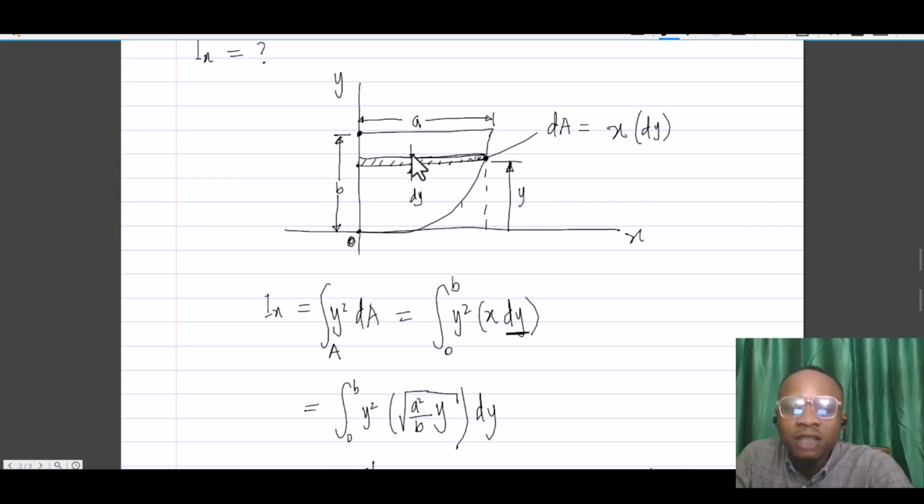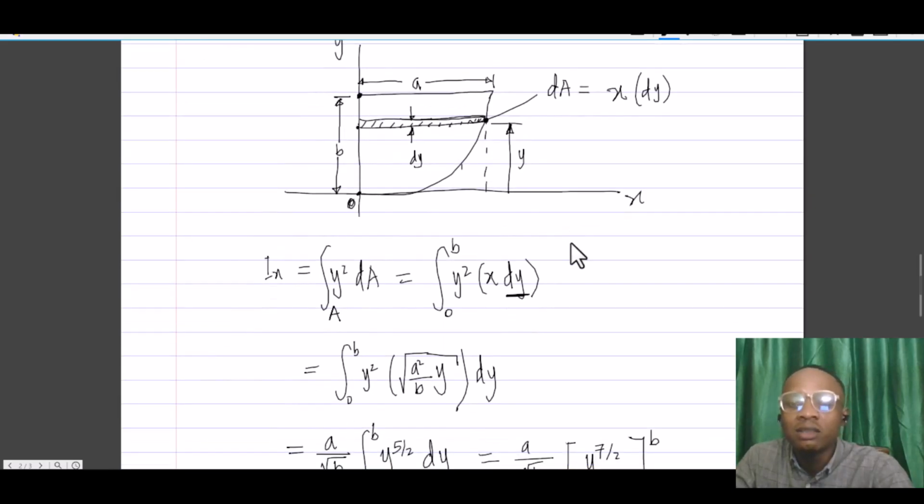What is the moment of inertia of this elemental area about the y-axis? That is straightforward because y is at the base of this elemental area, and we know the moment of inertia about the base directly. We don't have to get it about the centroid and then translate it to the base. So in this case, it will be the ideal choice, so that with this singular strip we are able to get the moment of inertia about the x-axis and also about the y-axis quite easily.